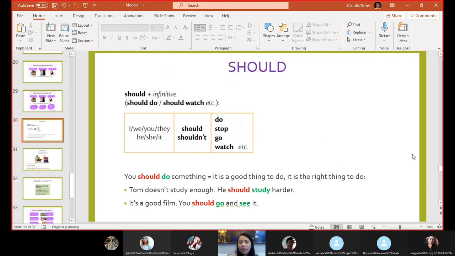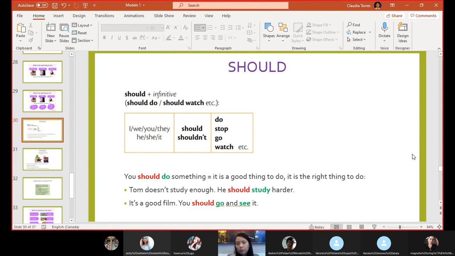First the subject, then the modal verb should, and then the base form of the verb. Very straightforward. The negative is should not or shouldn't.